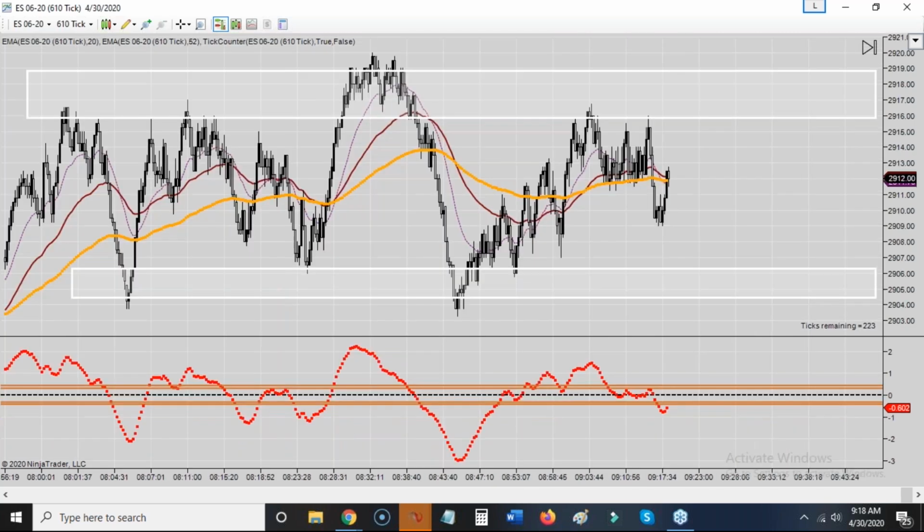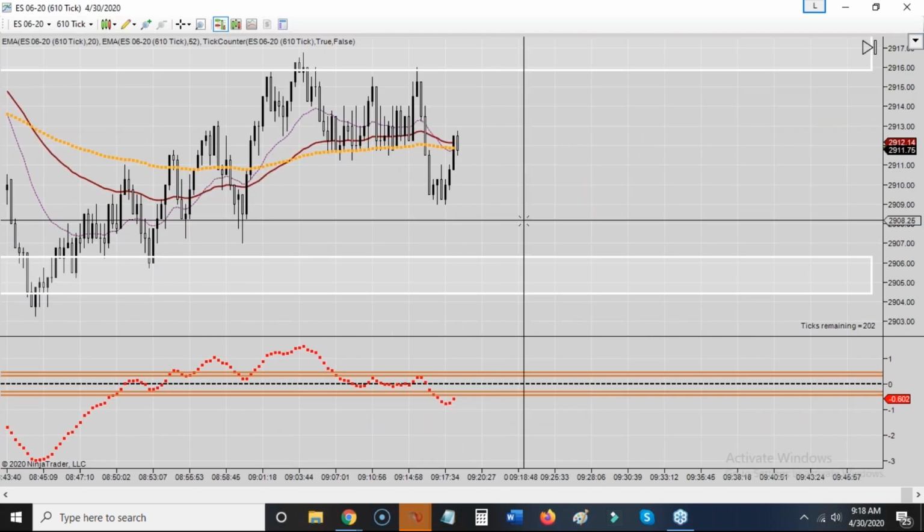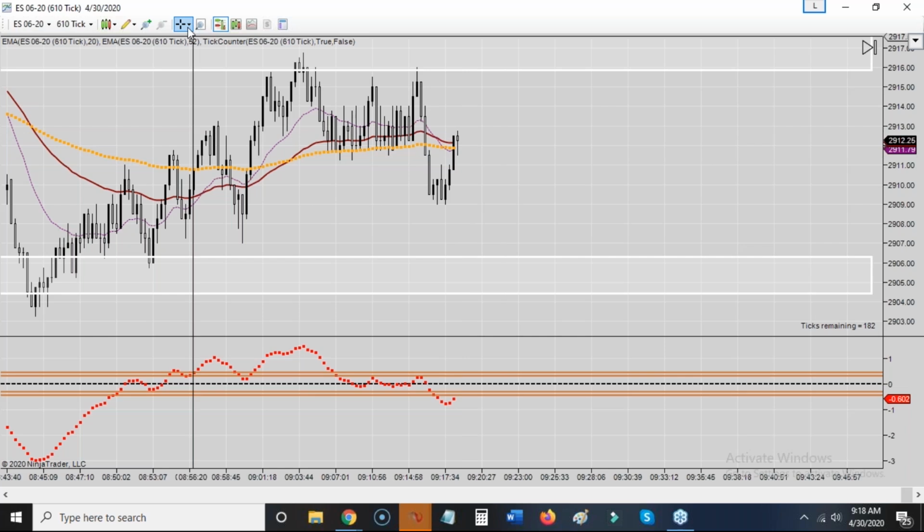So let me just show you here. Each one of these bars is 610 transactions. I found this to be the most real time trading that I could do, right?